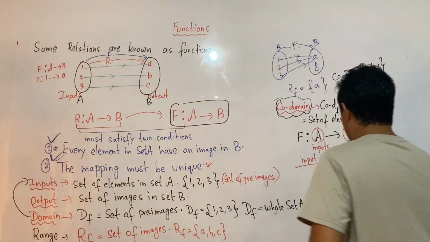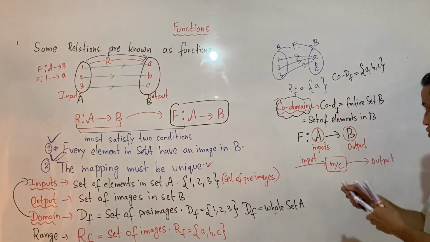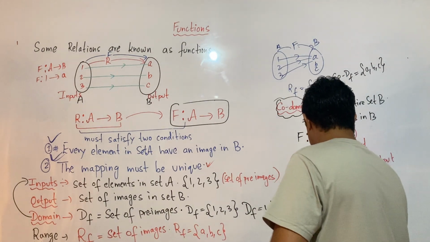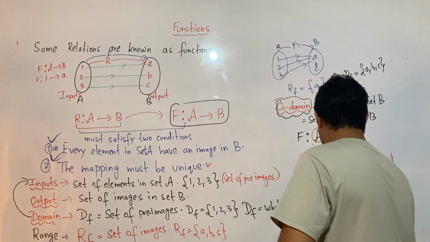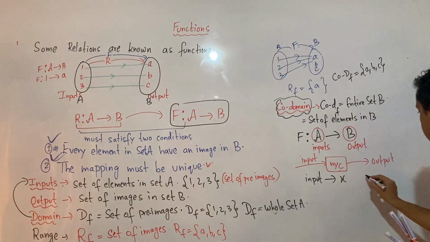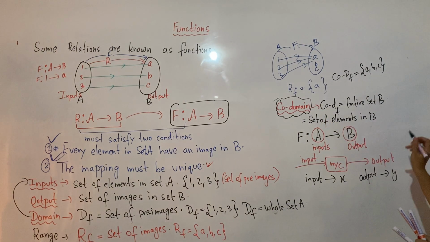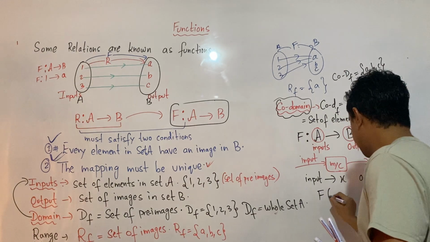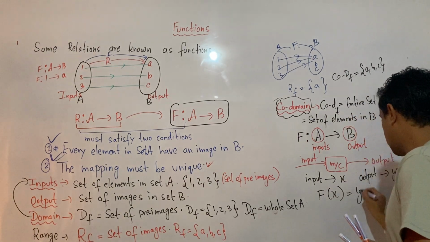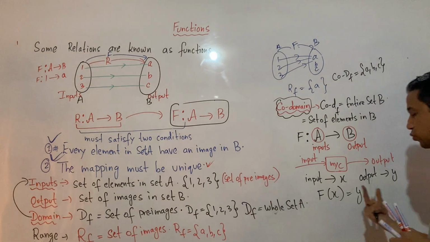So we represent input by x and we represent output by y. That's why we say that f(x) is equal to y. What does it mean?